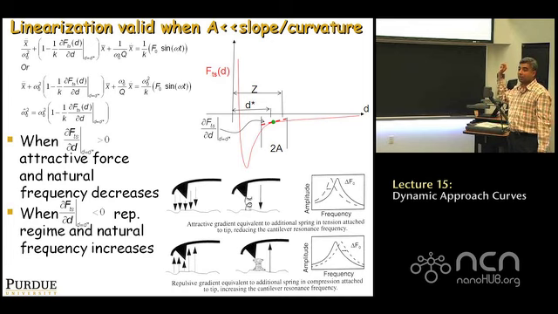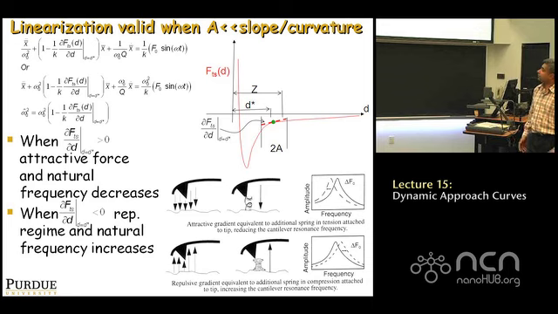So you can show that in order for the straight line to represent the interaction forces well as it oscillates, you need the oscillation amplitude to be much smaller than the slope of the interaction force at that point divided by the curvature of the curve at that point. In practice, this amounts to oscillation amplitudes of maybe an angstrom or less, which most of us are not able to do.